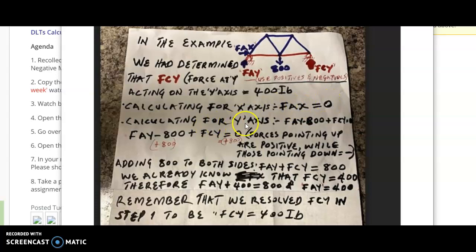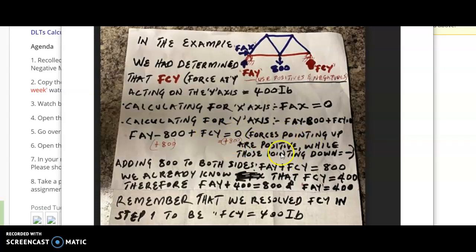Now on the y-axis, FCY we determined to be 400. So positive 400 minus 800 plus FAY is going to be equal to 0. That's what's written here: FAY, acting upwards, so it's positive, minus 800, acting downwards, plus FCY, acting upwards, is equal to 0. We know FCY to be 400 already from last week.